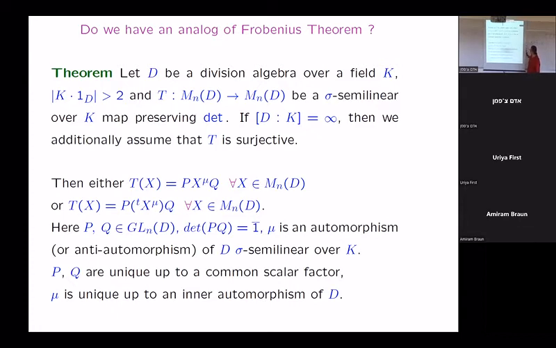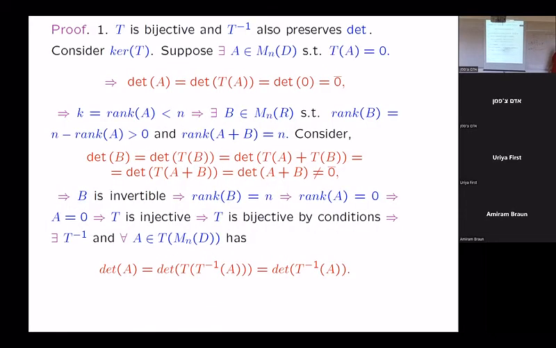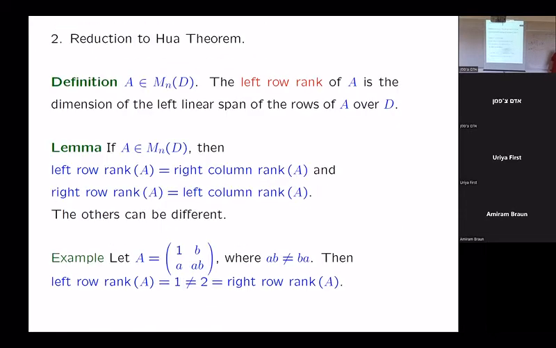In the infinite dimensional case, it is necessary to assume surjectivity in addition. Then, again, you have a certain standard form for semi-linear maps preserving the Dieudonné determinant. So it is either that form or the following form with a transpose. And again, these two forms are unique up to a scalar factor.